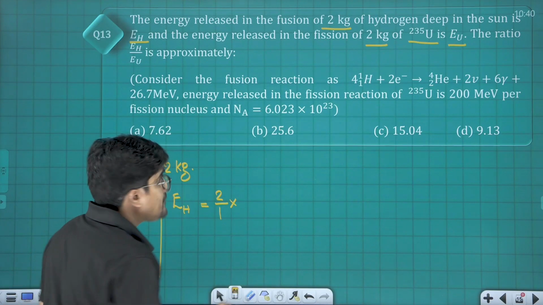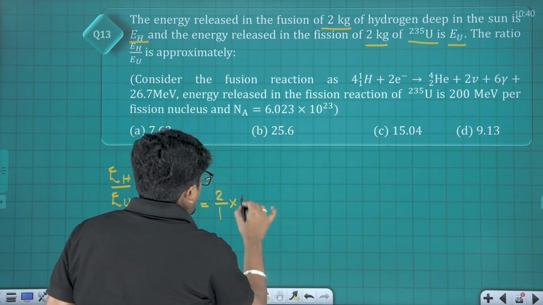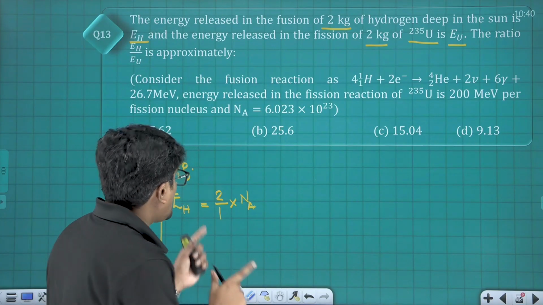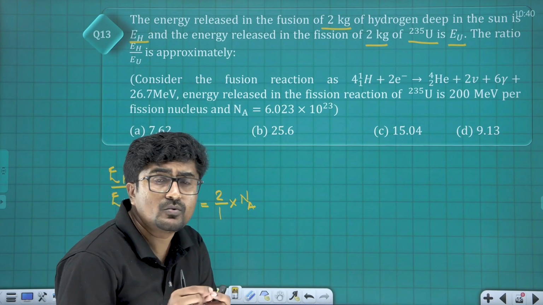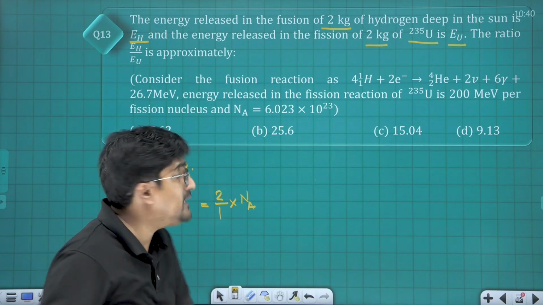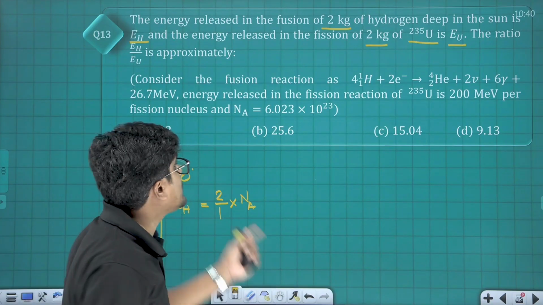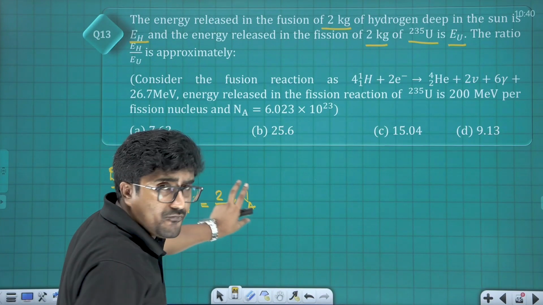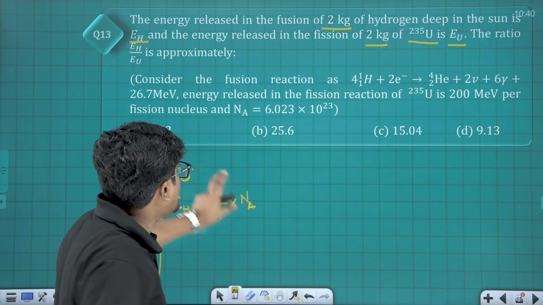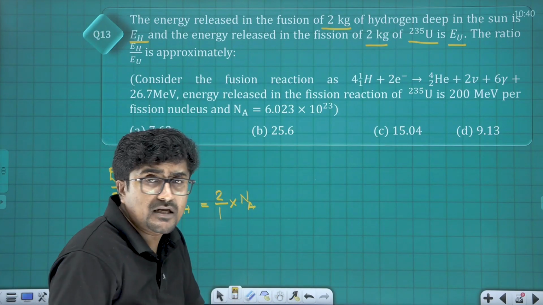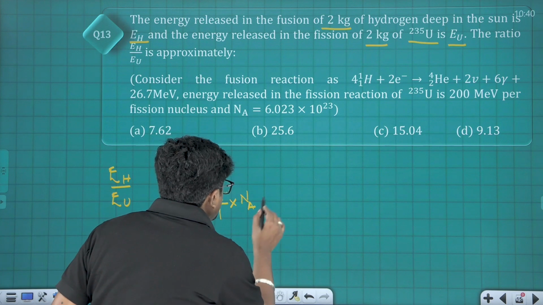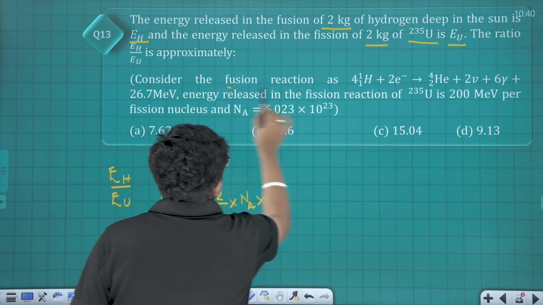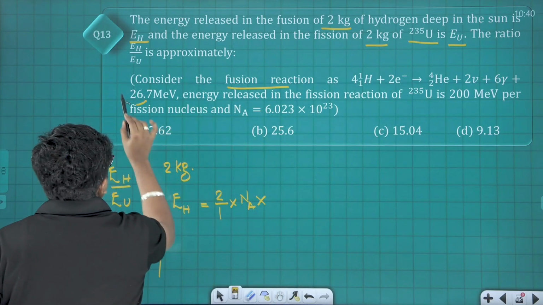That is number of moles into Avogadro number N suffix A. That will give the total number of hydrogen nuclei, hydrogen atoms that are being used here in the reaction. So this is the number of hydrogen atoms actively participating in the reaction, and multiplied by, in the fusion reaction, what is the energy released?